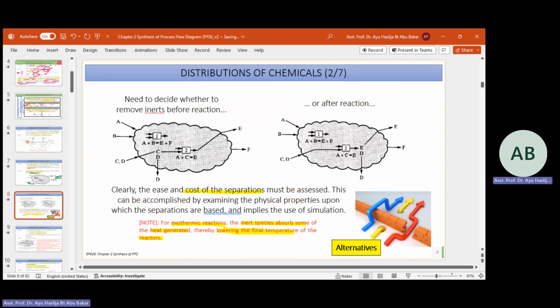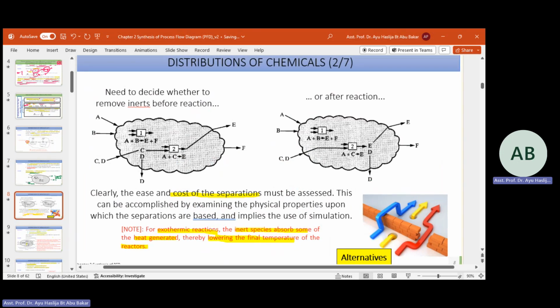Here it shows you the example. Here is the case when you remove before the reaction. When you remove after the reaction, it involves the cost of separations.